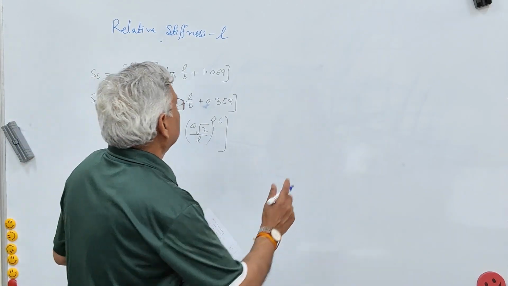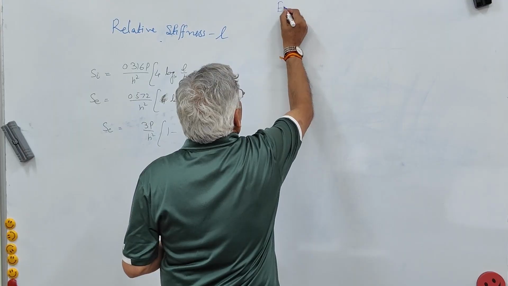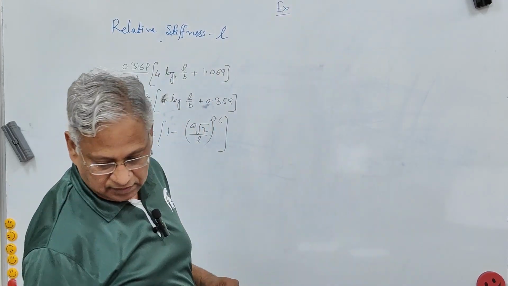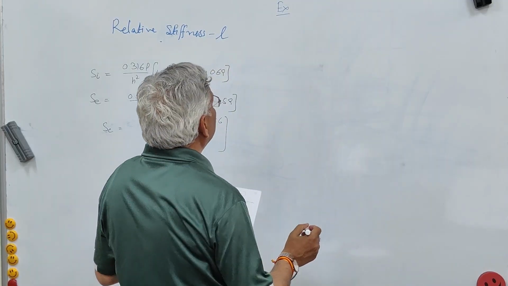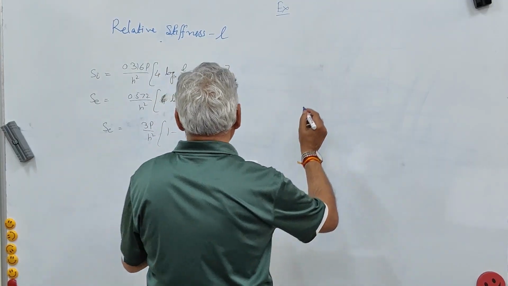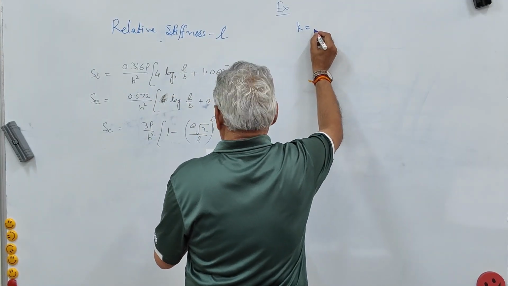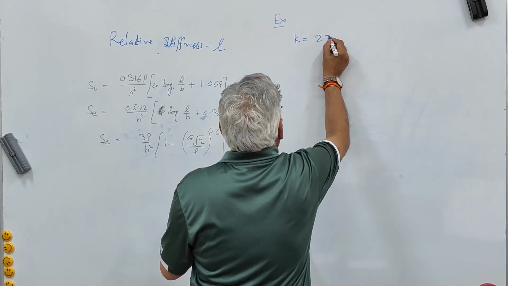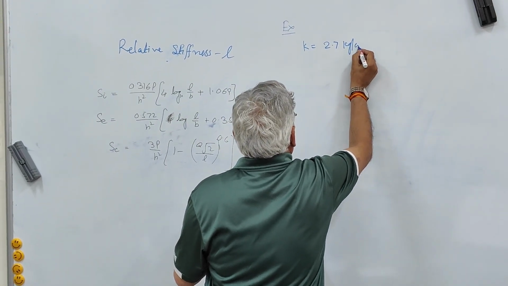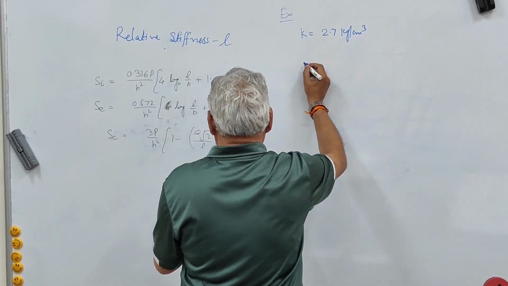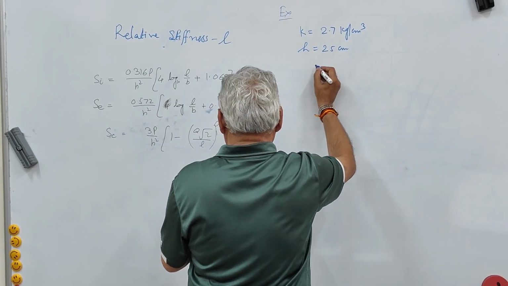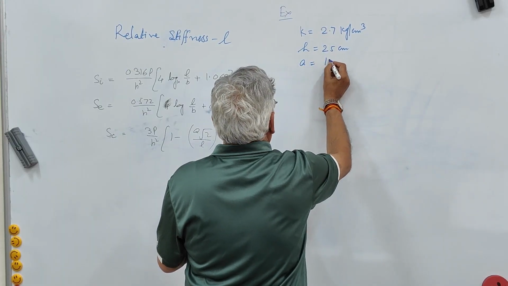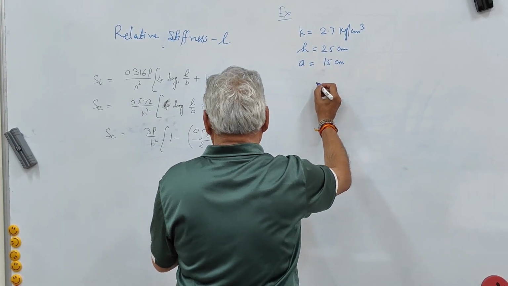Let us take one example. A concrete slab is subjected to corner loading, given that K is 2.7 kg per centimeter cube. The slab thickness is 25 centimeter. Radius of loaded area is 15 centimeter.